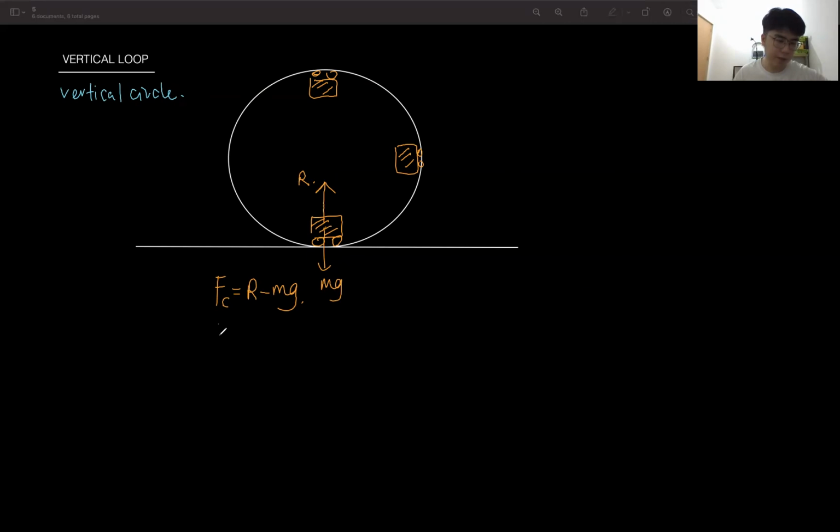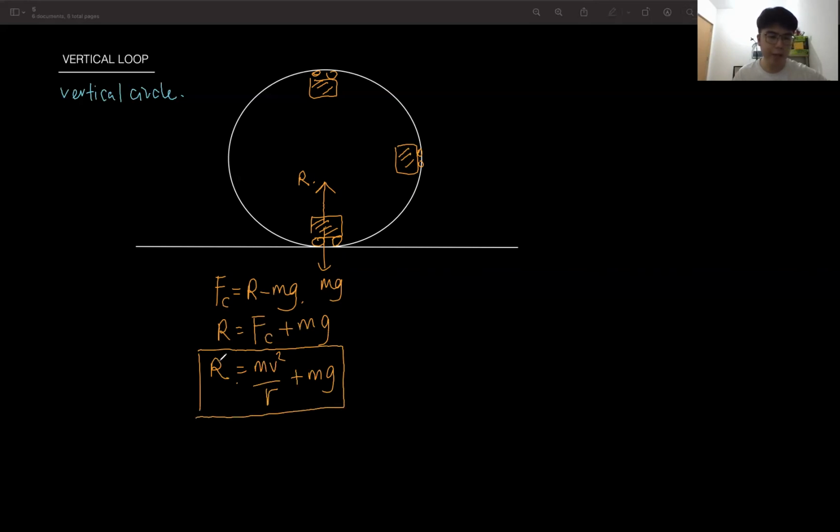So I can write it as R equals the centripetal force plus mg, which is mv² over r plus mg. Okay, we get this here at the bottom. You find that the reaction at the bottom is much greater than the reaction at the side.